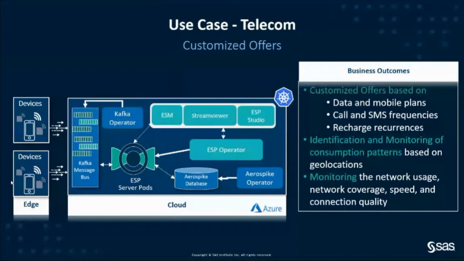We were able to analyze, monitor and also visualize everything. The business outcomes were very good, and the business users were able to provide new business models and customized offers to their consumers.